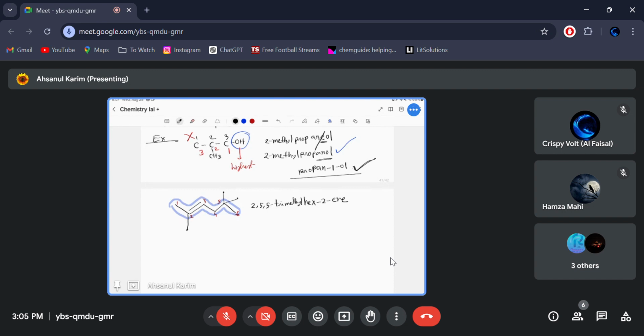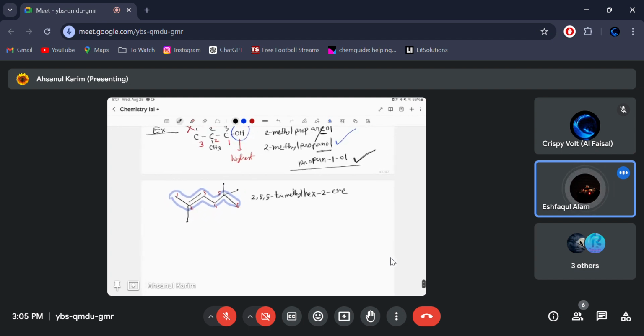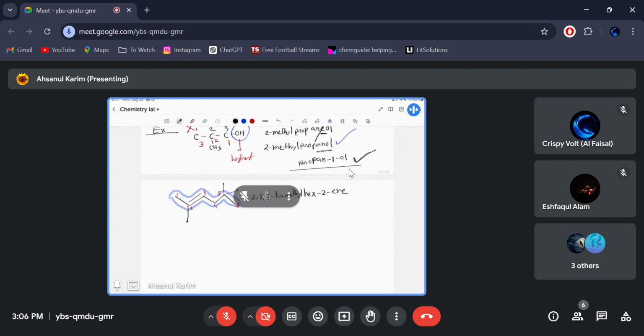Ishfaq, do you have any confusion with the naming? Sir, could you explain the naming once more, just this one. First of all, 2 at 2, at 5 and again at 5 you have 3 methyl groups, so you have to write 2 comma 5 comma 5 trimethyl. What is the word root? Hex, because you have 6 carbons.